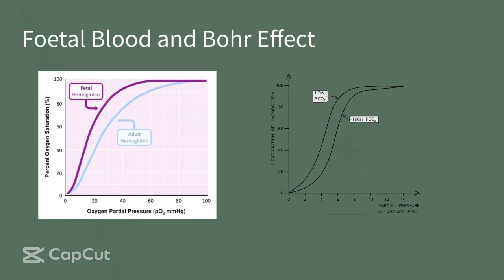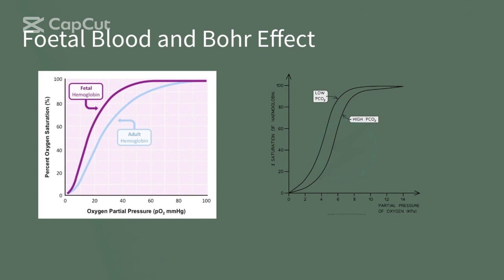The affinity of hemoglobin for oxygen is also affected by the partial pressure, or the concentration or amount, of carbon dioxide. So carbon dioxide is released by respiring cells, which require oxygen. Therefore, in the presence of carbon dioxide, the affinity of hemoglobin for oxygen decreases, causing it to be released.